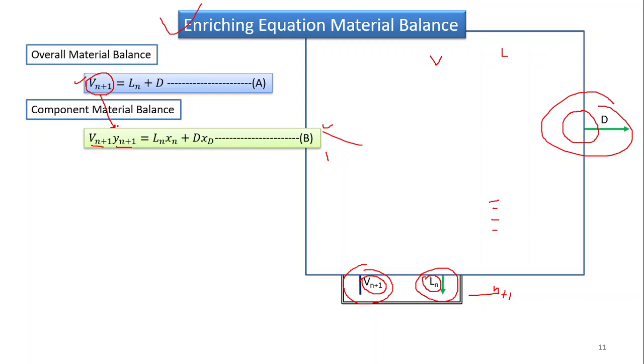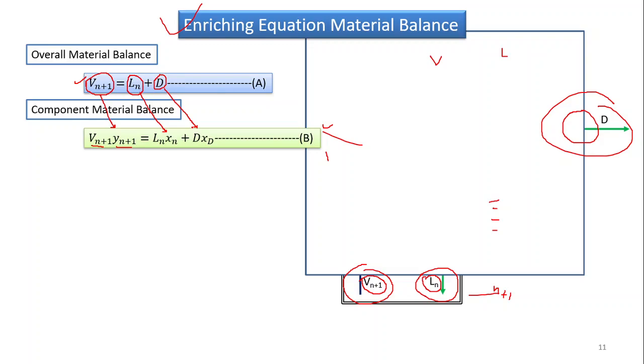Similarly, Ln is the liquid leaving the nth tray, and Xn is the composition of A in the liquid leaving the nth tray. D is the distillate, and the composition of A in the distillate is Xd. So this is the material balance for component A.